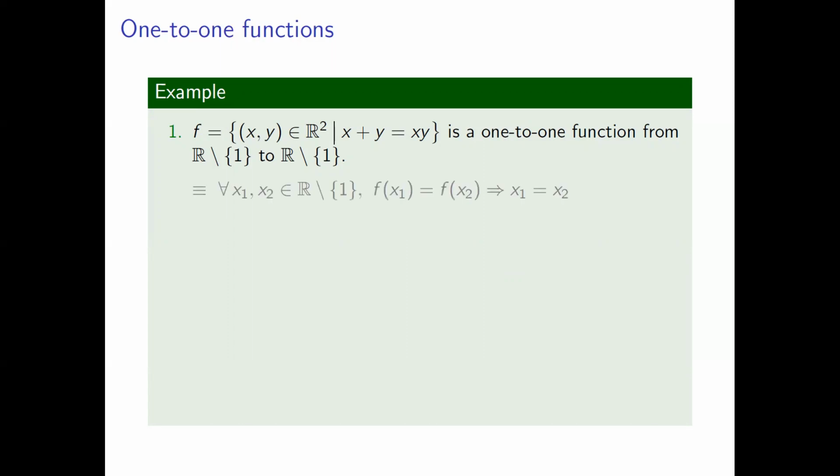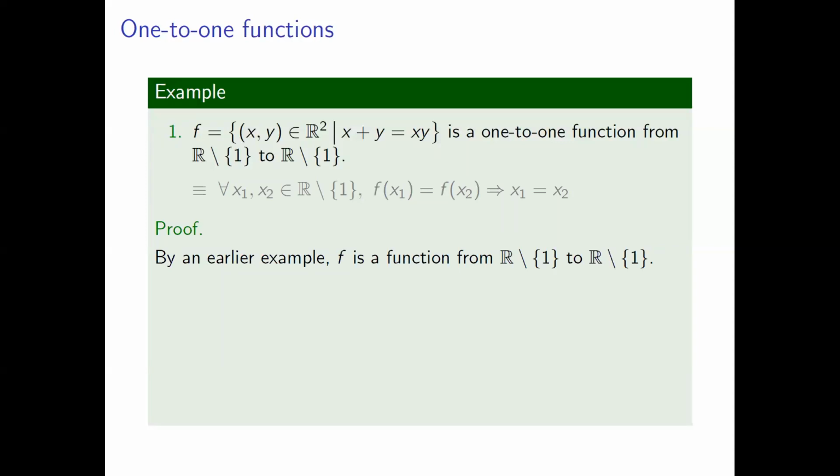That is, for any real numbers x1 and x2 not equal to 1, if f of x1 equals f of x2, then x1 equals x2. We have proved in an earlier example that f is a function from the set of all real numbers not equal to 1 to the set of all real numbers not equal to 1. It remains to show that f is one-to-one.